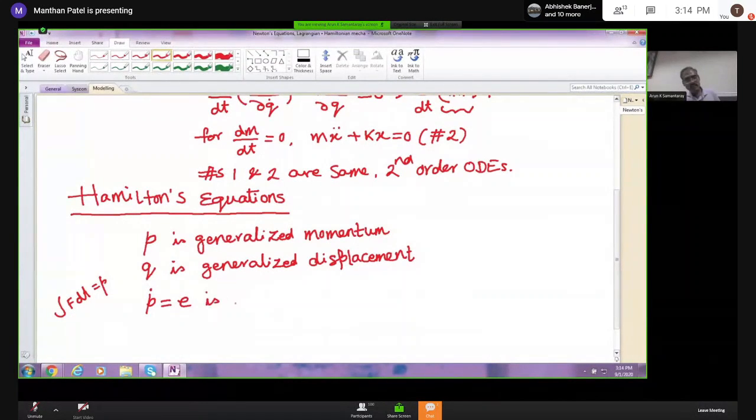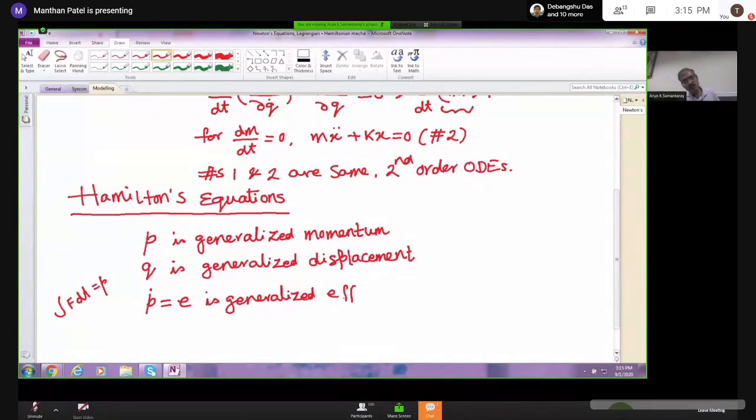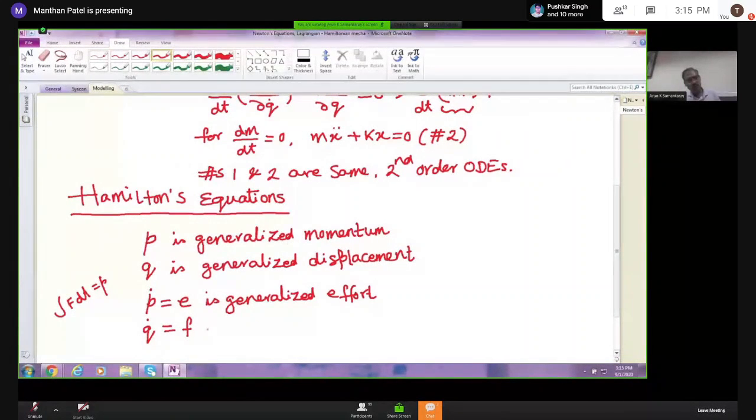That is generalized effort, which in our case is force. And Q dot, equal to F, is generalized flow.